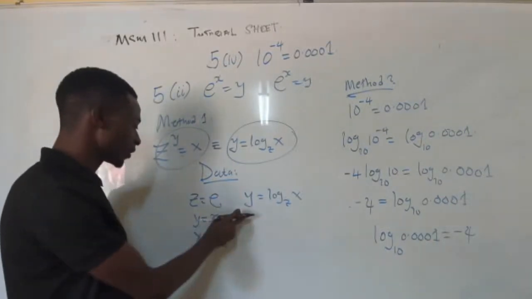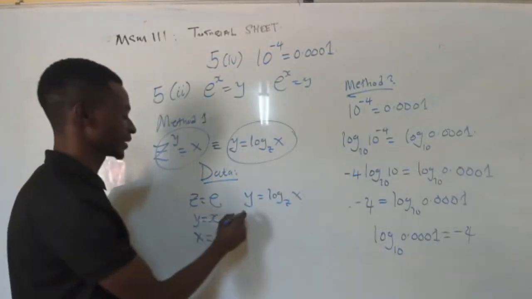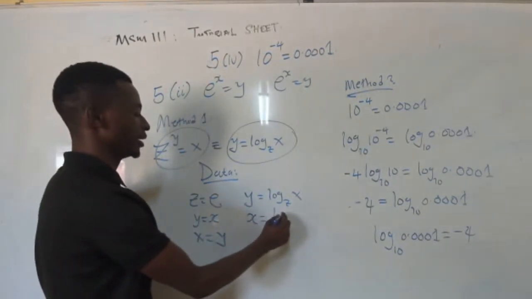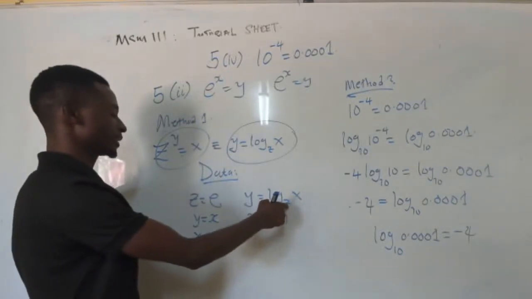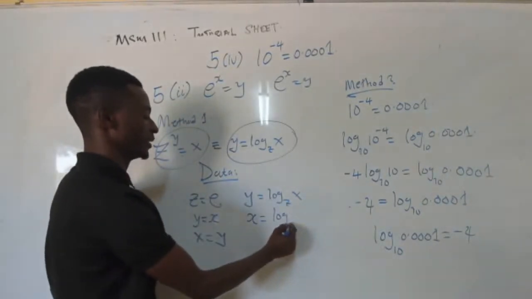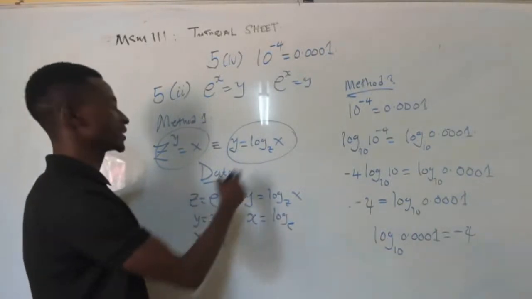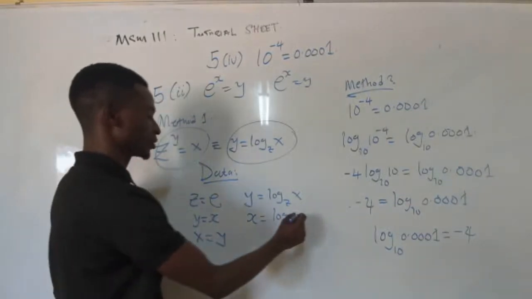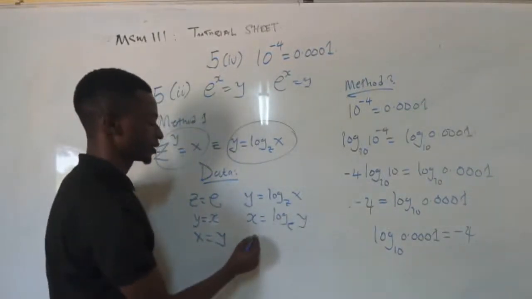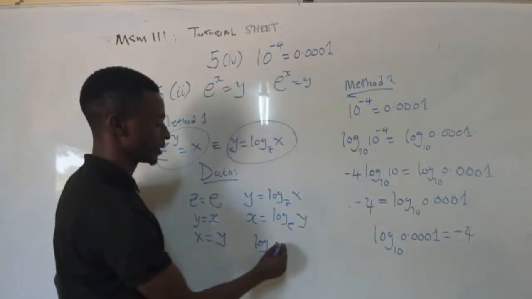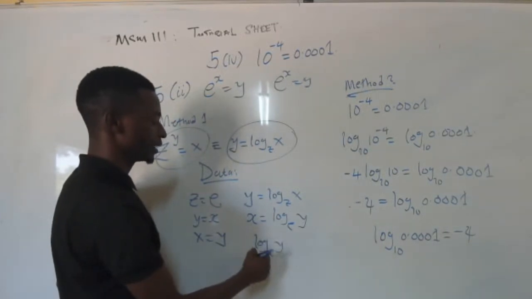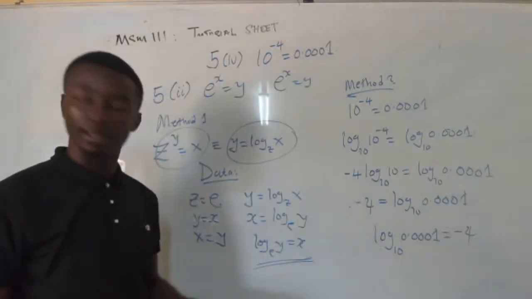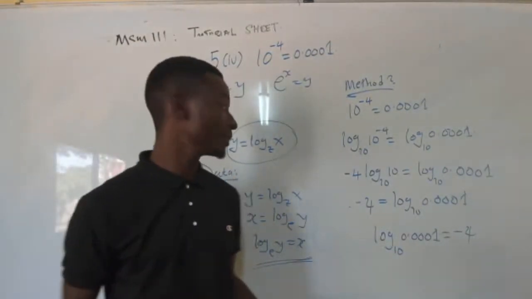So y is x, you say x equal to log, z is equal to e, and our x is equal to y. So in conclusion, you can say log e of y equal to x. That's our final answer using the first method.